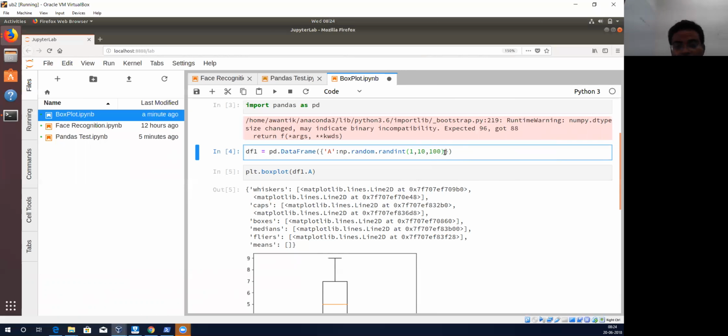For box plot you have to do plt dot boxplot, tab.